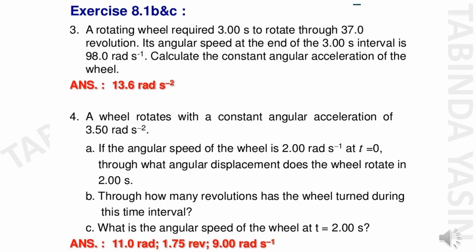And in part C, what is the angular speed of the wheel at t equal to 2 seconds? The answers should be 11 radian, 1.75 revolutions, and the angular speed should be 9 radian per second. You have to complete these examples by yourself.